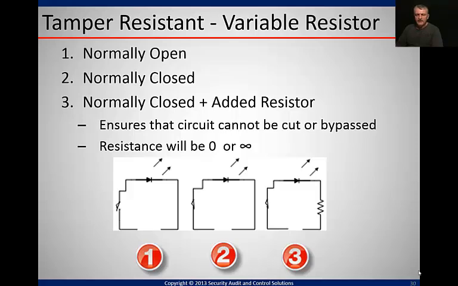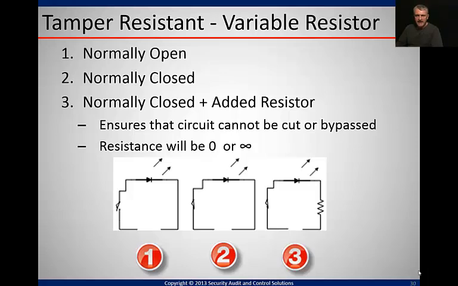However, if we insert a resistor, 1K, 3K ohm, doesn't matter, into the circuit, and the device learns what that circuit should look like, if anybody bypasses or cuts it, it would be either resistance of 0 or infinity, and it will be triggered. So we cannot bypass that device.